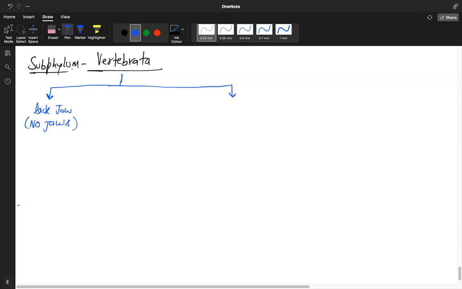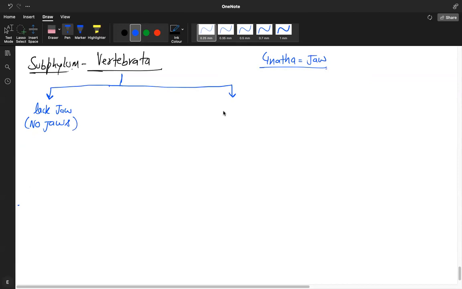You know what jaws are, right? We use them to chew food. And the jaw in biology is written as gnatha. The G is slightly silent, but it's there. Gnatha means jaw.